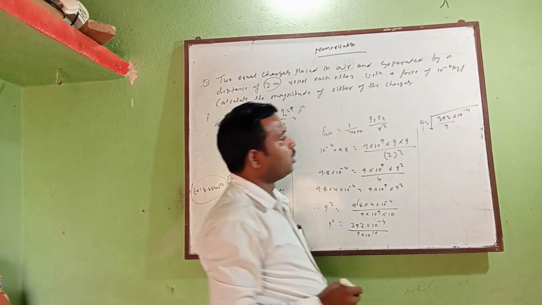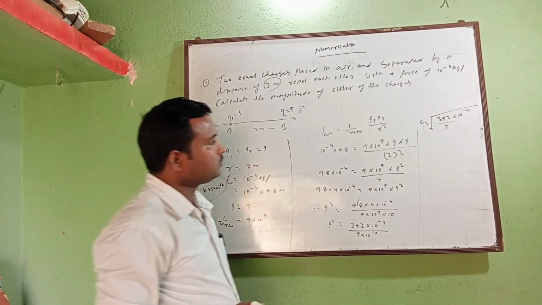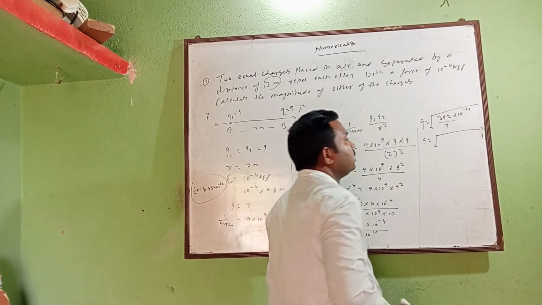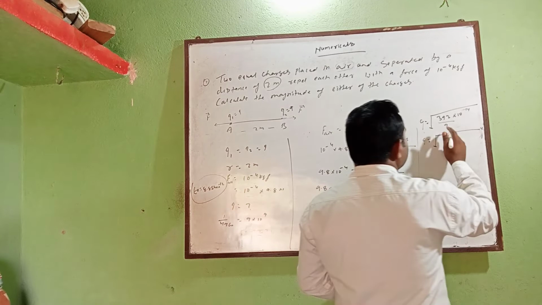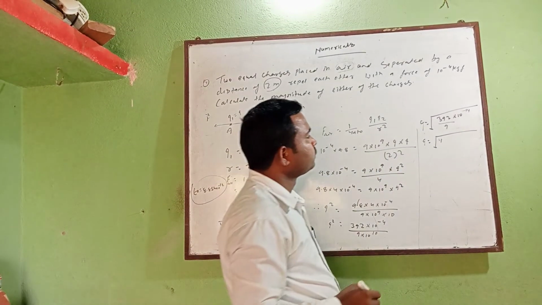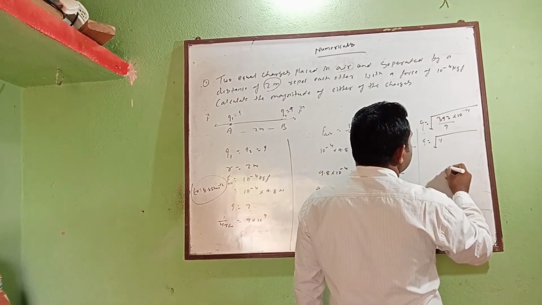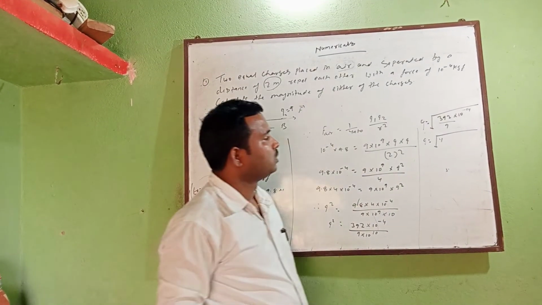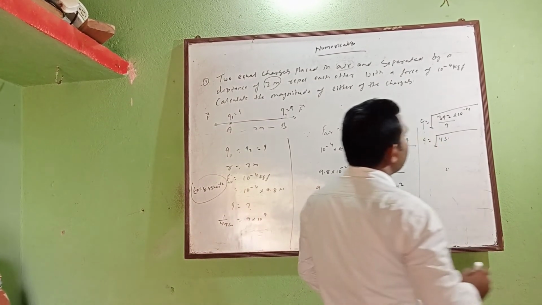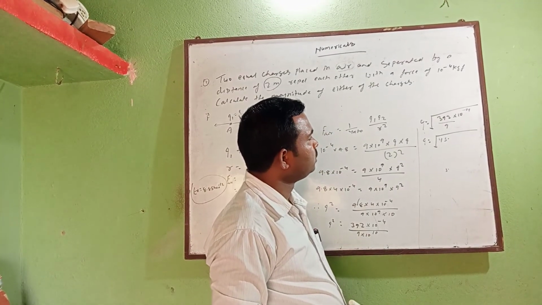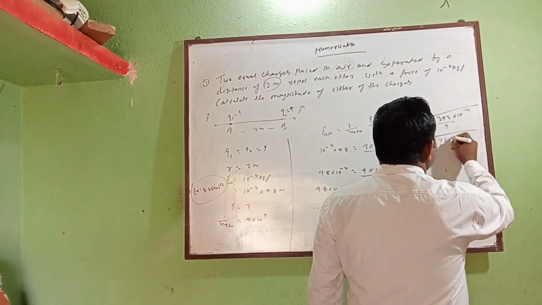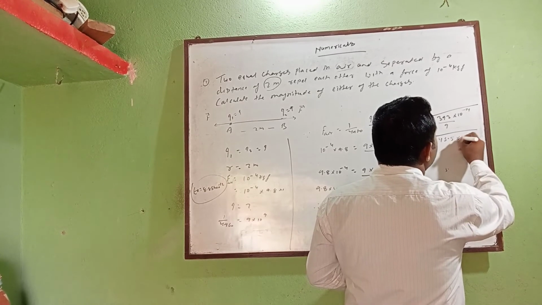Then Q equals, if you divide, 9 4s are 36, here will be 3 and 2, 9 3s are 27, approximately 4.35 into 10 to the power minus 14.